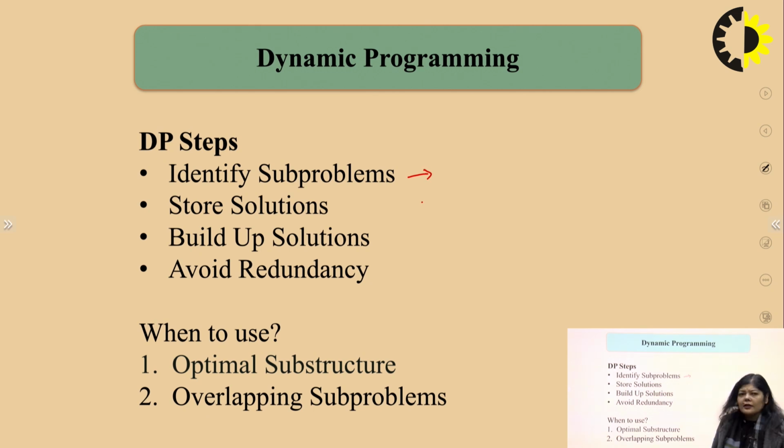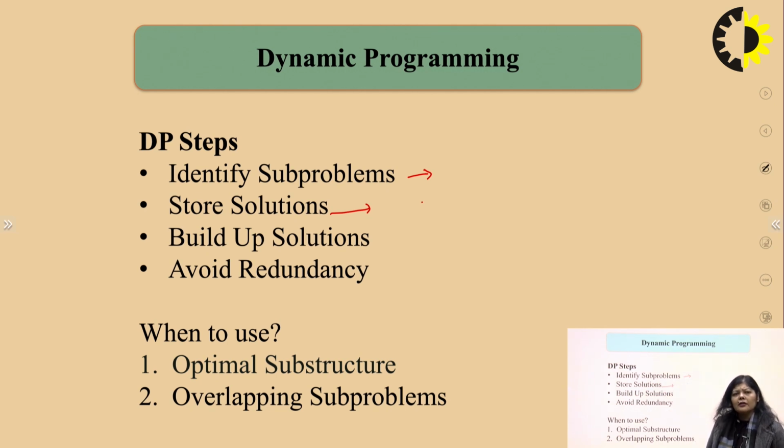So, in the identification of sub problems, we need to divide the problem, and we are able to find out the sub problems, and that makes the complete first step for the solution building. And then in the next step, we are solving those sub problems, and then we are storing the solutions into the memory.